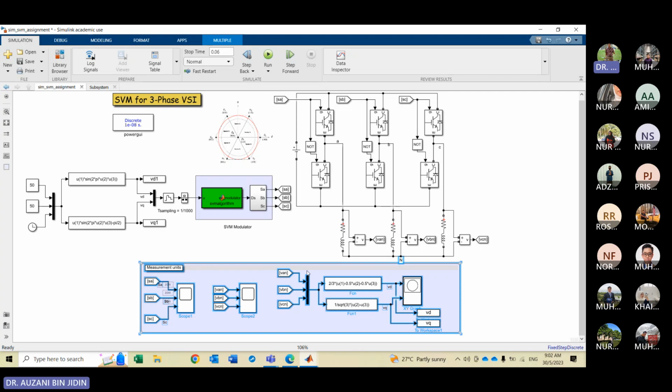So you boleh construct dia punya reference.